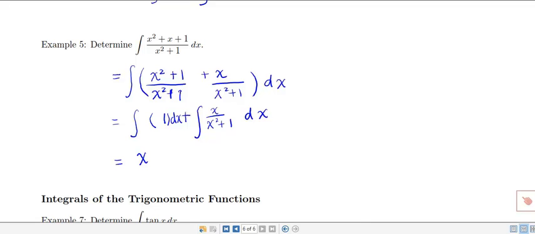But for the second integral, we have to use u-sub, so we set u equals x squared plus 1. And our du will equal 2x times dx. So x dx is just 1/2 du. So we have to add 1/2 du over u.